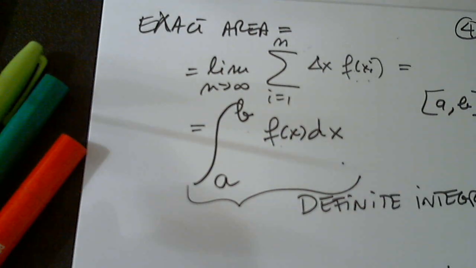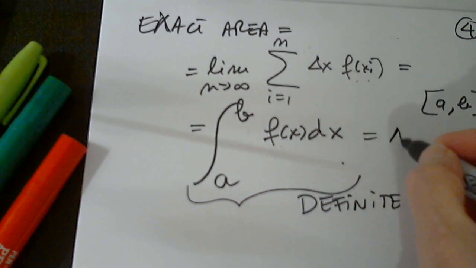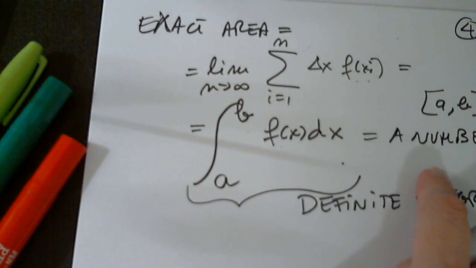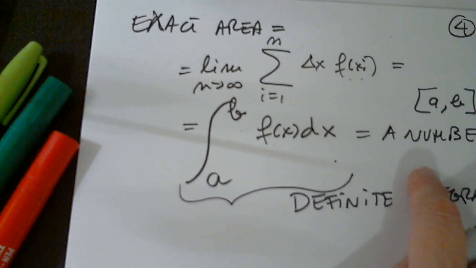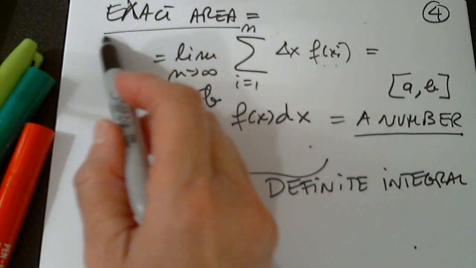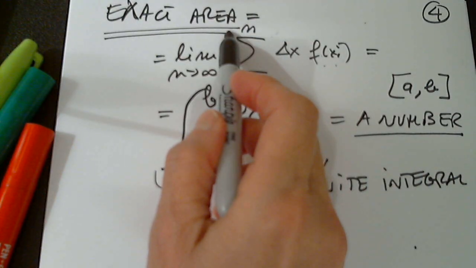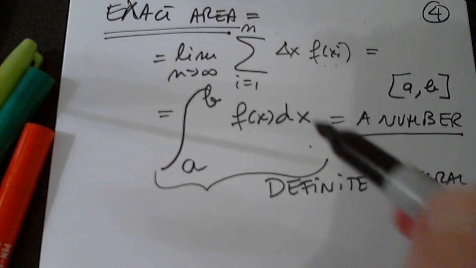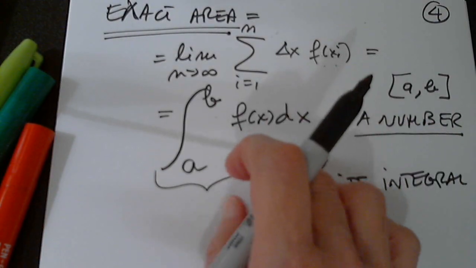And the answer is always a number. It's a number, not a family of functions, not the most general antiderivative. No, this is a number because it's an exact area. It's a numerical answer. Again, how do I read this?